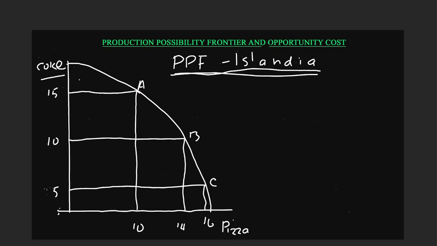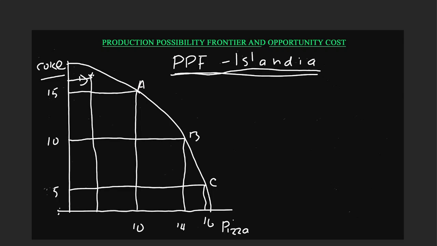So let's say there is a point here. Let's call this point D. For point D, they can produce this number of Coke, let's say it's 16, and this number of pizza. At point D, they are not producing on the curve.